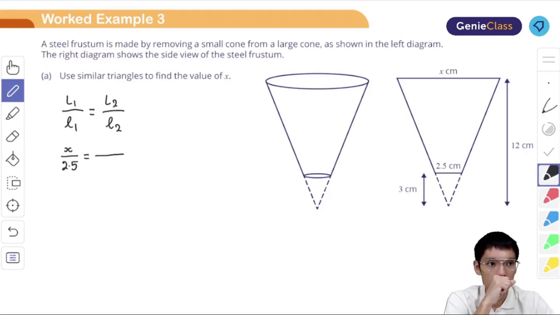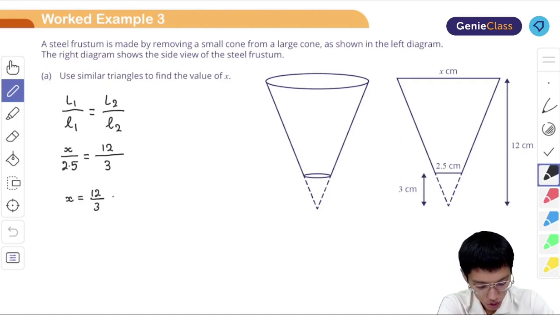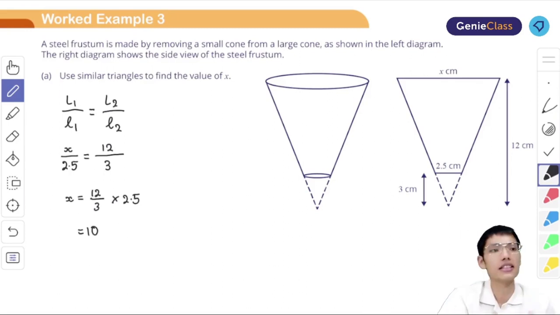Okay, very good, Denise, that's actually correct. Why the sad face? I have 12 and 3. So with that, I can find x, which is 12 over 3 times 2.5, which is 10. So therefore, x is 10.